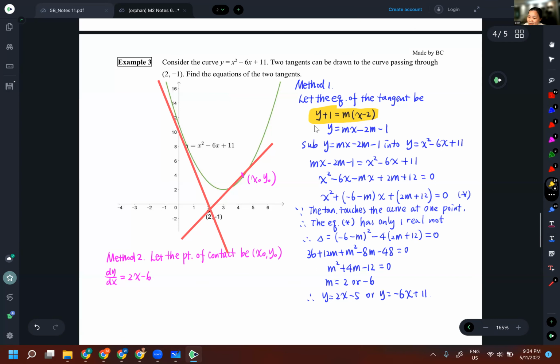You don't need a specific point, let's say the contact point, to write the equation of the straight line. Okay, that's my answer. So if you think that (2, -1) must be on the curve, it doesn't have to. It basically can be any point on the straight line. You also write the same equation.